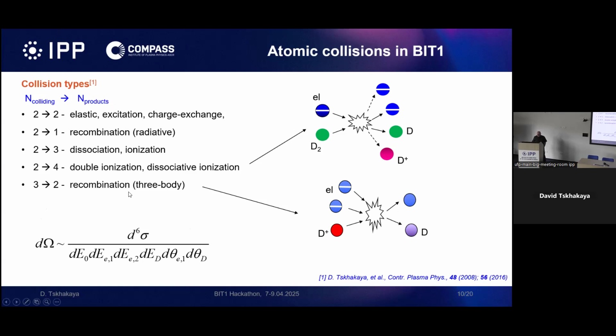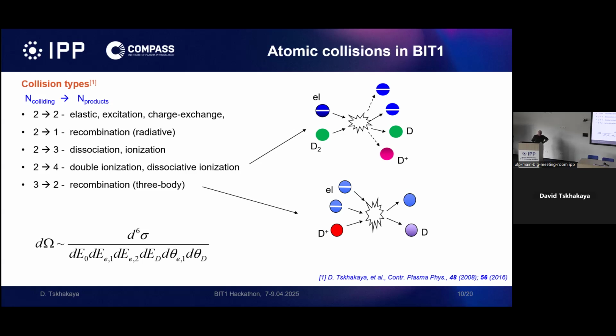This was very complex to implement because there were no corresponding cross sections. So I had to start digging in the atomic physics, and we derived the corresponding 3-body collision cross section. Now, about cross sections, this is the main headache.